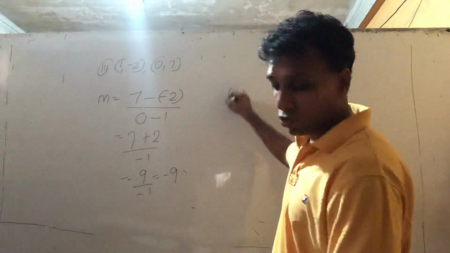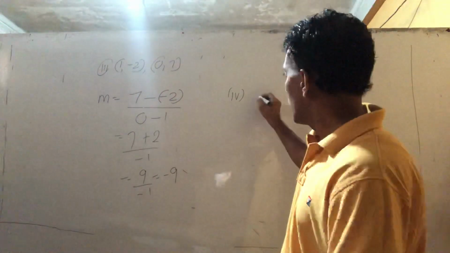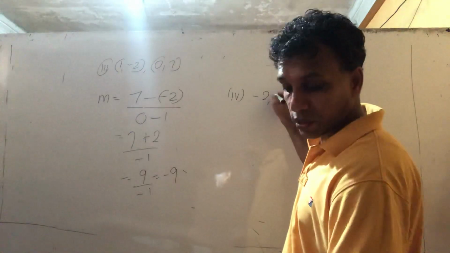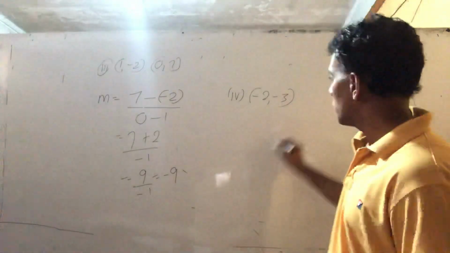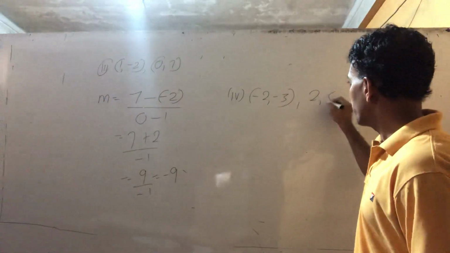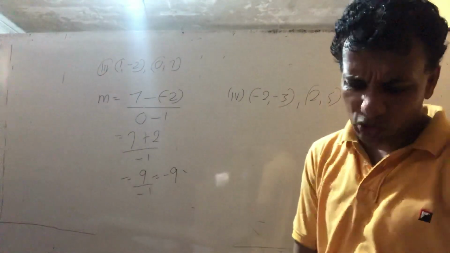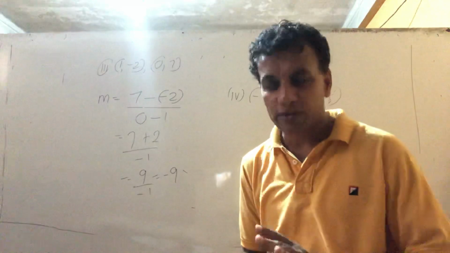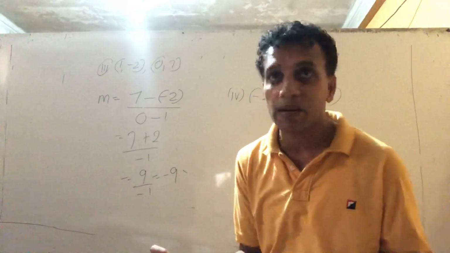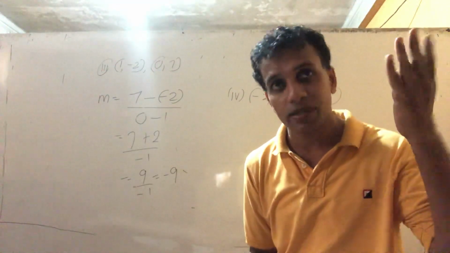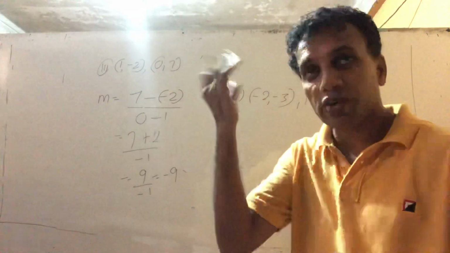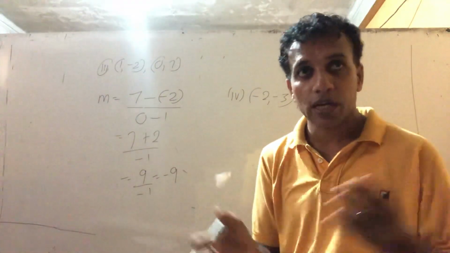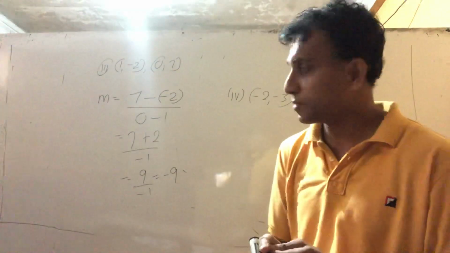Next question, the 4th problem in your book work: (-2, -3), (2, 5). You can work either way; no matter the values, you only need good knowledge of subtracting. If you fail in subtraction, just go through your grade 7 mathematics. These are the long holidays. You can refer to that also, and do problems on subtracting and adding cases.